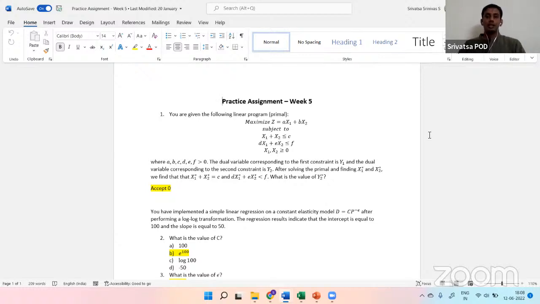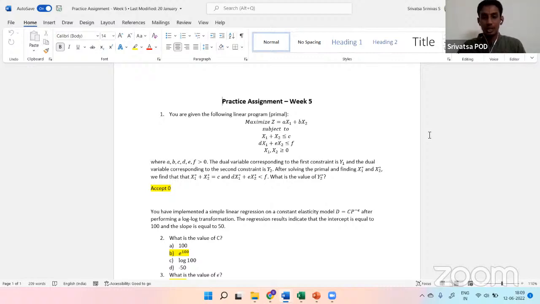Okay. So the dual variable signifies the shadow price of the resource. The first constraint here could signify some resource which is available with you, and you are using that resource to produce x1 and x2. Similarly, there is another resource which corresponds to the second constraint, and you are producing certain goods x1 and x2 with those resources, right?